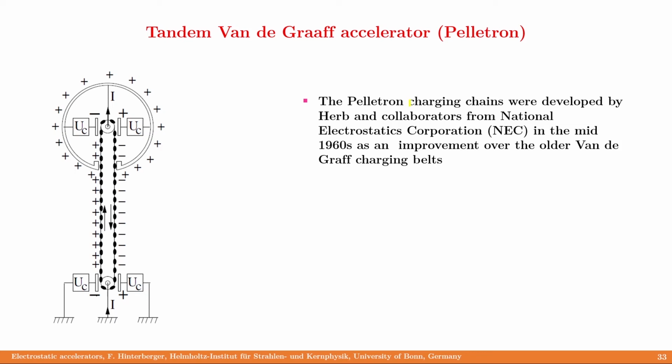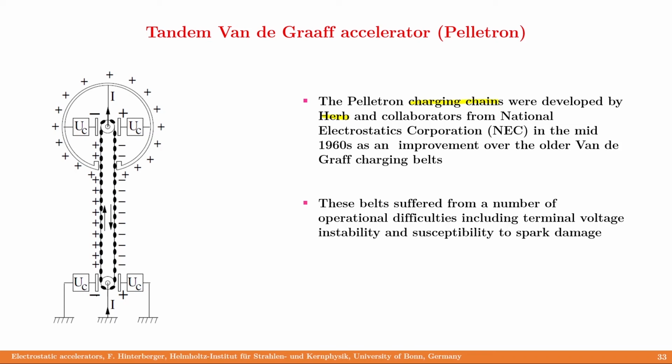The pelletron uses charging chains, and these were developed by Herb and his collaborators at the National Electrostatics Corporation (NEC) in the mid-1960s as an improvement over the older Van de Graaff charging belts. The belts in the Van de Graaff accelerator suffered from a number of operational difficulties, including terminal voltage instability and susceptibility to spark damage.